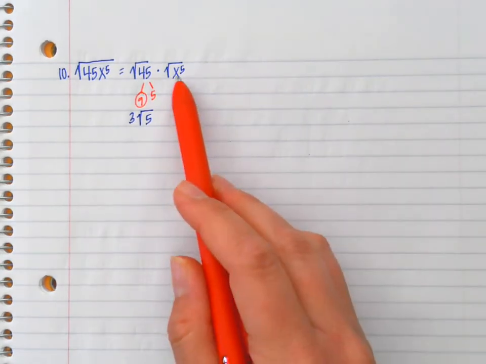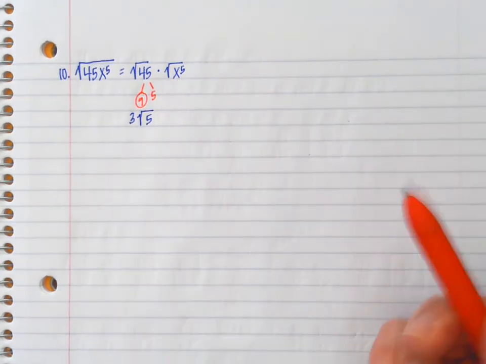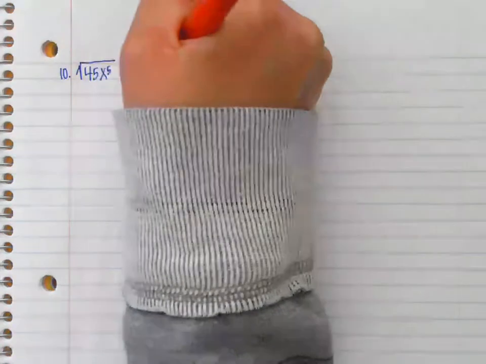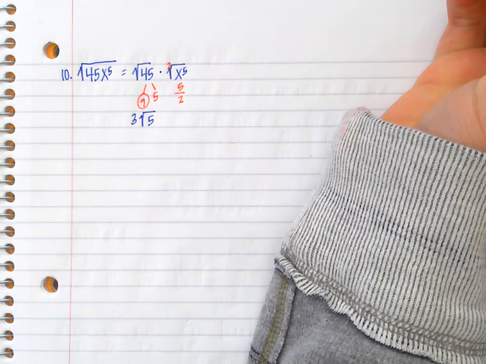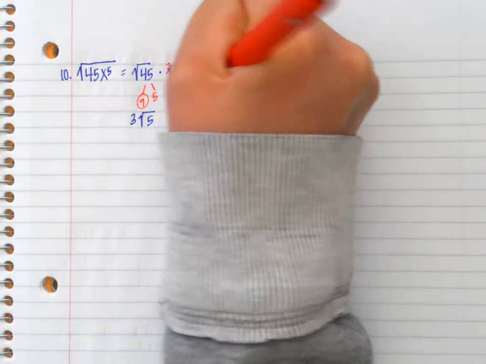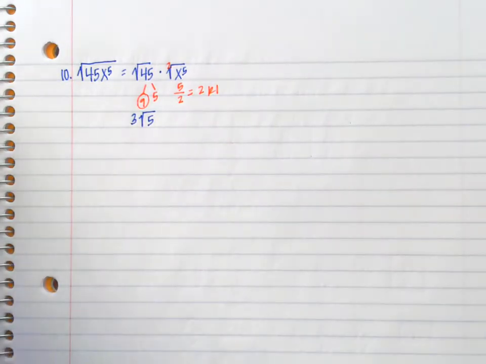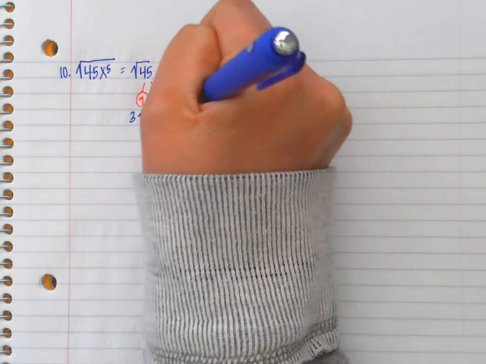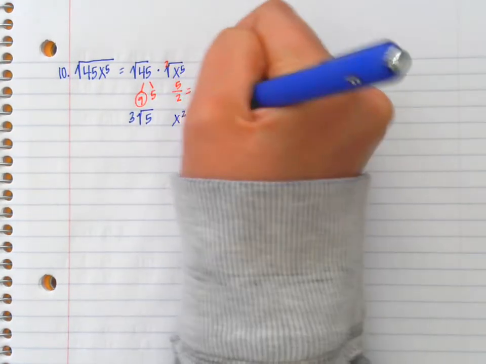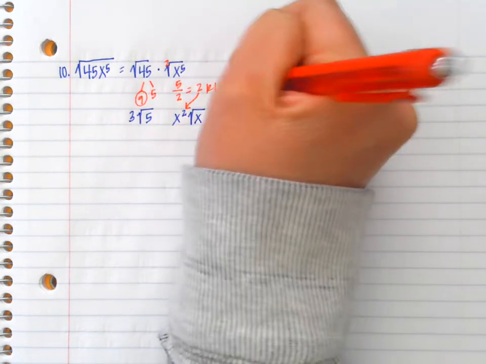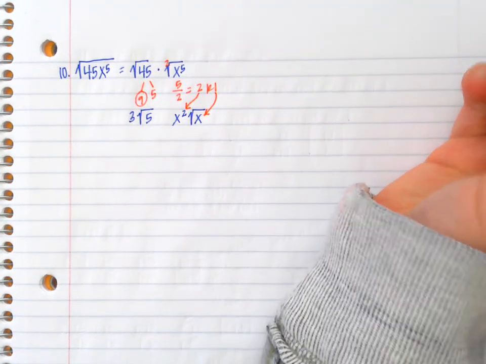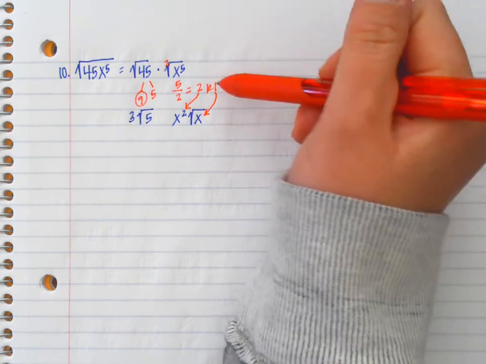So then we deal with, well, what about x to the 5th? Again, we know the index number is 2. So we take the exponent 5, divide it by the index number 2. 5 divided by 2 goes in evenly twice with a remainder of 1. So that means x to the 5th simplifies as x squared with 1x on the inside. The remainder is the leftovers.